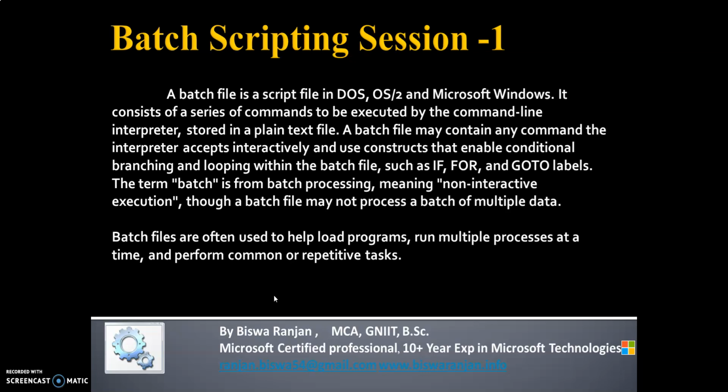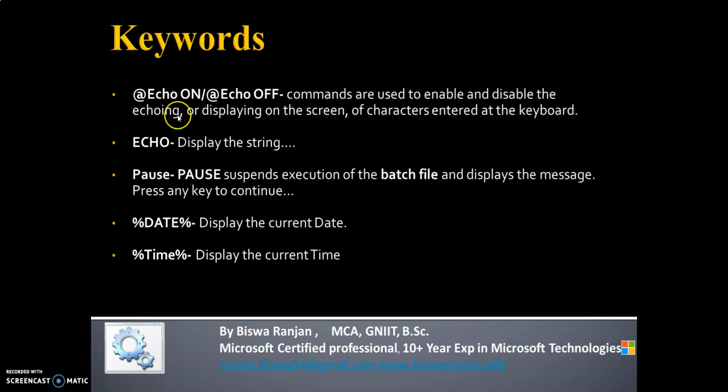So today we are going to see our first batch program, Hello World, a basic one. For this, what are the keywords we are normally going to use? These are the keywords we are going to use today. @echo on and echo off are used to enable and disable the echo, or displaying on the screen.